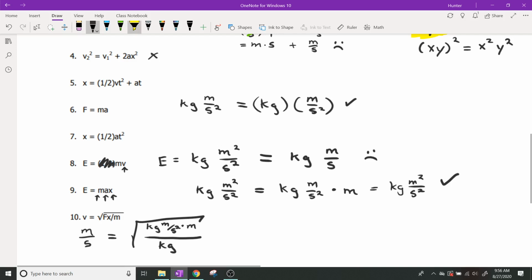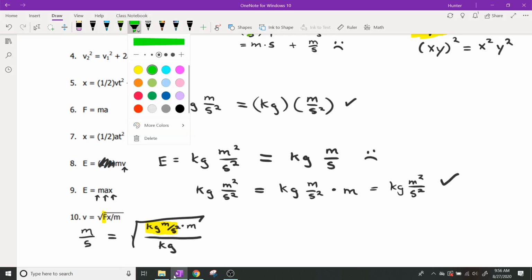Kilogram meters per second squared, that whole thing is force. I can probably find another highlighter. Yeah, I can change the color. X. Is that actually showing up?